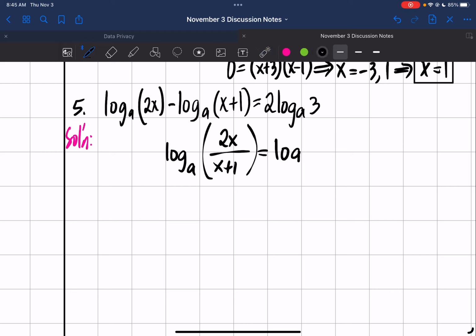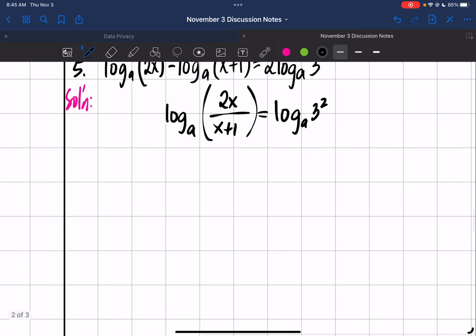So we have log of 3 squared base a. And 3 squared is 9. So log of 9 base a. And now we can equate the two insides. So 2x all over x plus 1 equals 9.